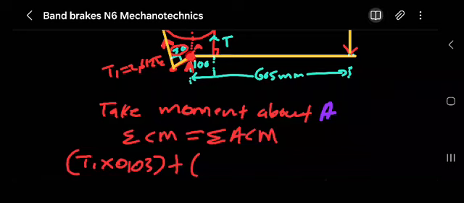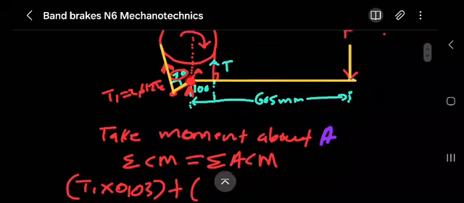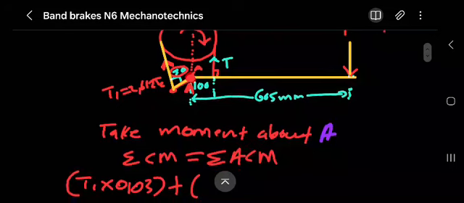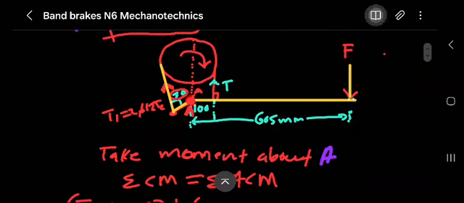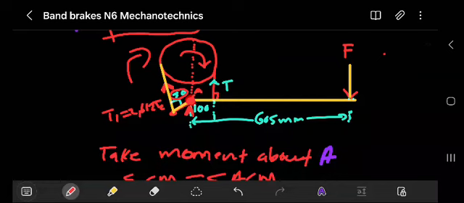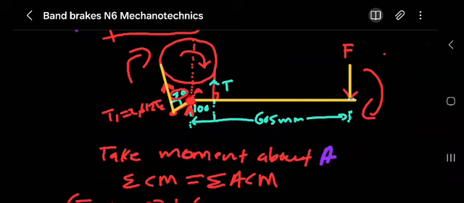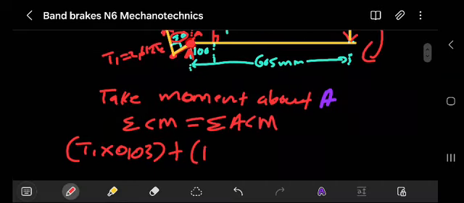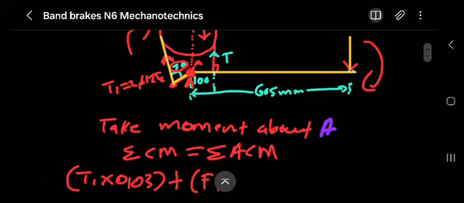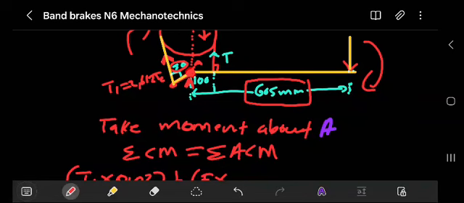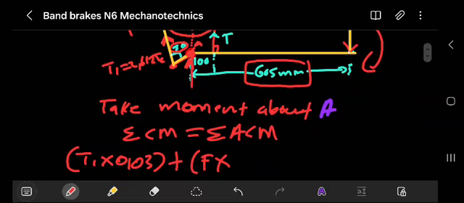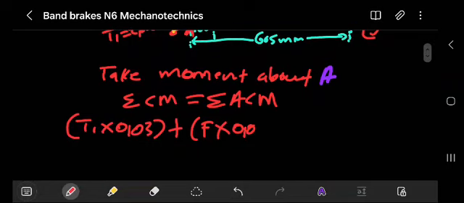Plus, taking the moments in the clockwise direction, which one is acting in the clockwise form? Also F will cause the beam to rotate in the direction of F, plus F multiplied by the distance there. The distance from A until here is 605 millimeter, the same as 0.605 meter.